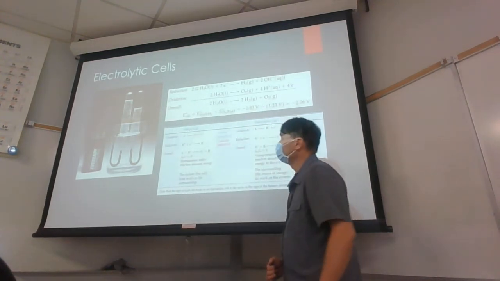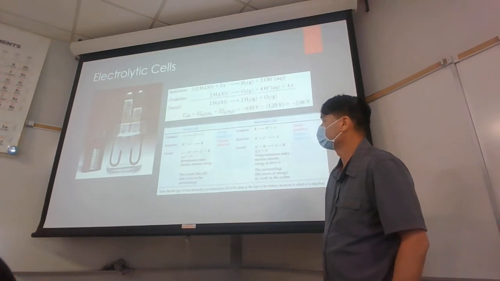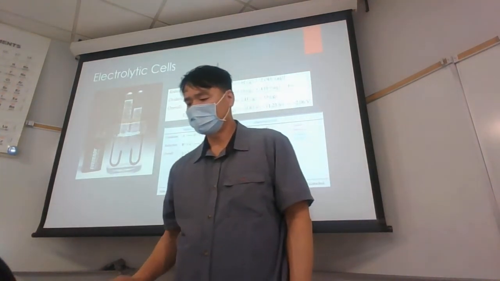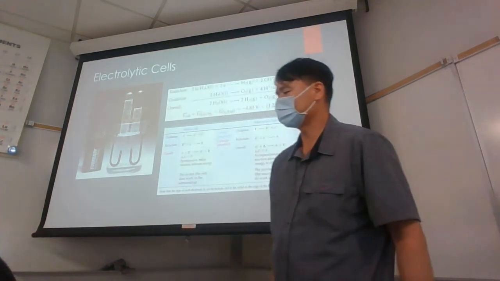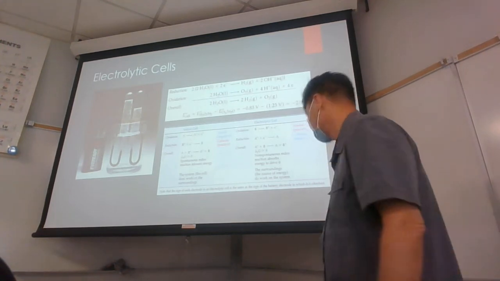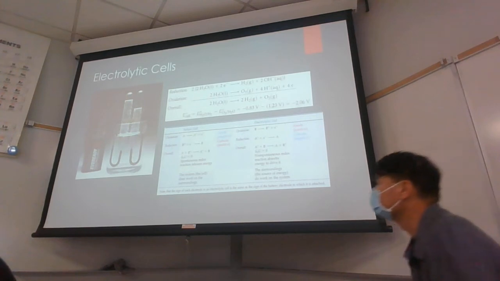Okay. We can also use electrolytic cells to generate high energy chemicals. What batteries do is take chemical potential energy and convert it to electricity. In electrolytic cells, we're going to take electrical energy and convert that into chemical potential energy.